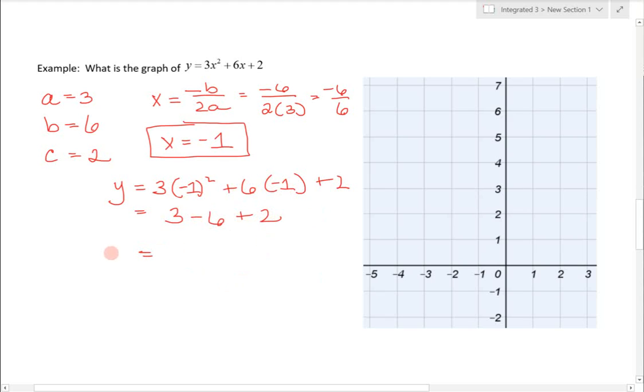So that's going to give you y equals negative 1. So if x is negative 1 and y is negative 1, that's where your vertex is: negative 1, negative 1. Okay, so now if that's where my vertex is, that is also where our axis of symmetry is.